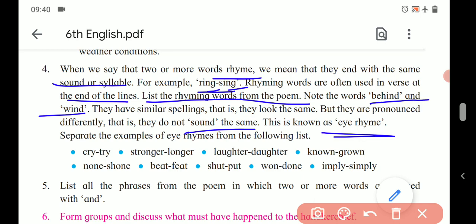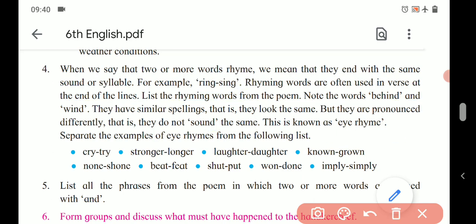But actually it is not, because the pronunciations are not like the rhyming words. So the words which look like rhyming words, but actually they are not, are said to be eye rhyme. So here the example wind and behind, or behind and wind, is of eye rhyme.